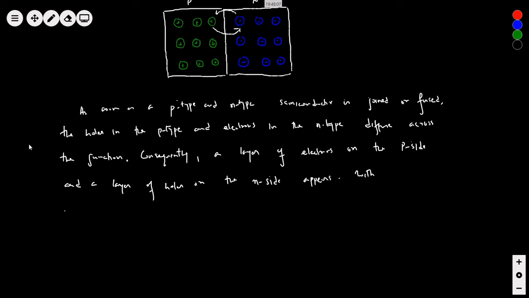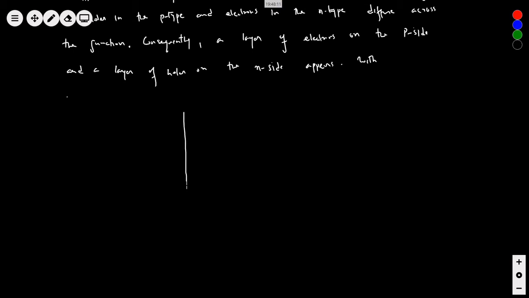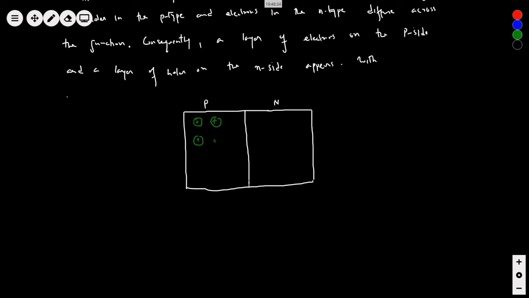So let me draw the diagram once again. This is P, this is N. This side has holes, and a layer of electrons now appears here, and on the other side, consequently, a layer of electrons on the P side, and a layer of holes on the N side appears.